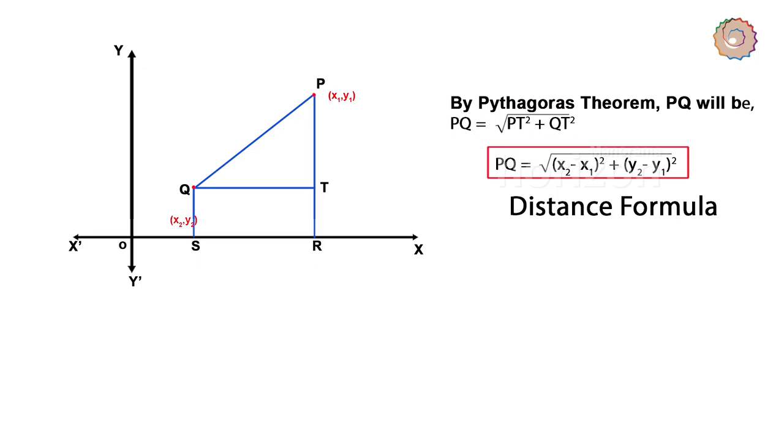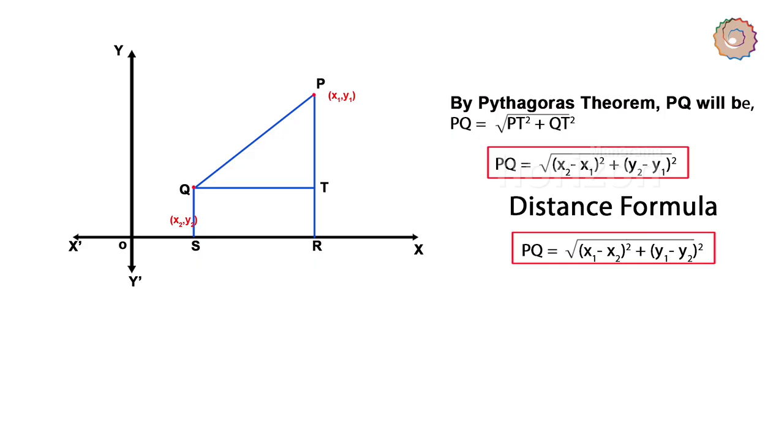This formula can also be written as PQ equals root of (x1 minus x2) whole square plus (y1 minus y2) whole square. This is because even though we get a negative value for PT or QT, it is squared to become a positive value.